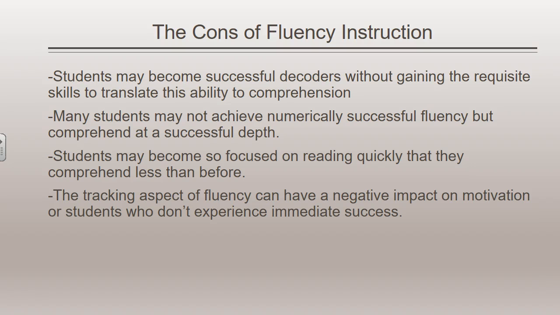And thirdly, and this is an issue I see with a lot of my students, they become so focused on reading quickly that they comprehend less than they did when they were reading more slowly. My students tend to be very competitive, and they like to get their numbers up. And a lot of times to do that, they sacrifice truly understanding what they're reading.